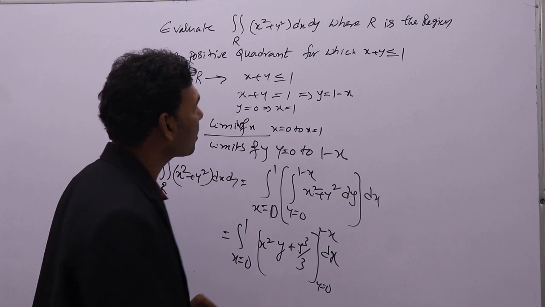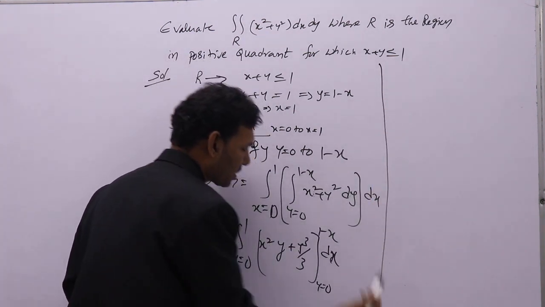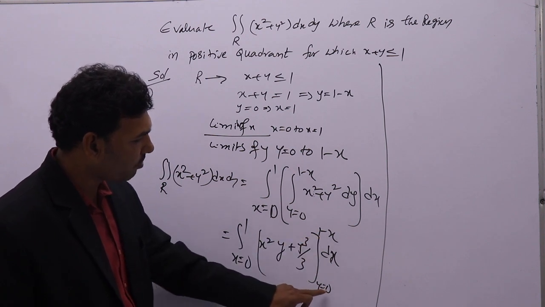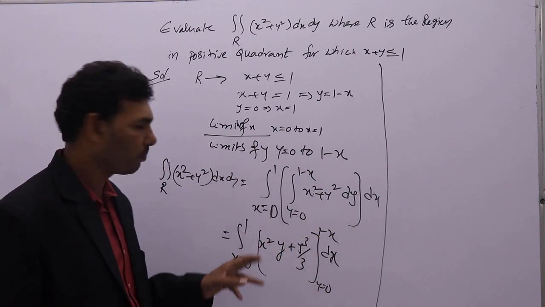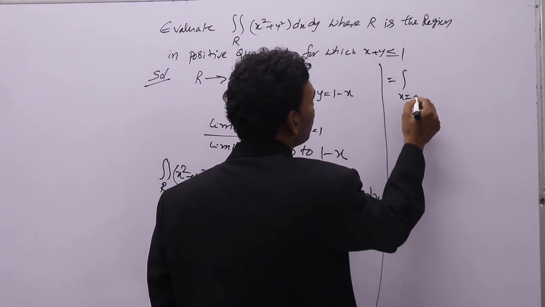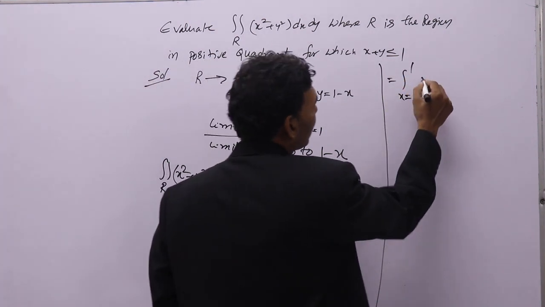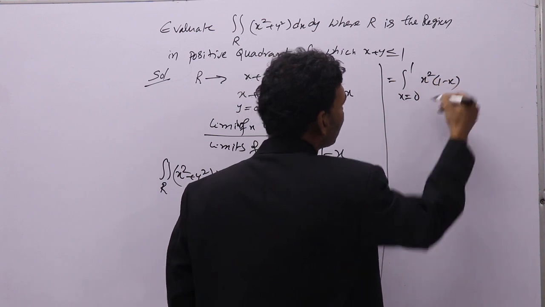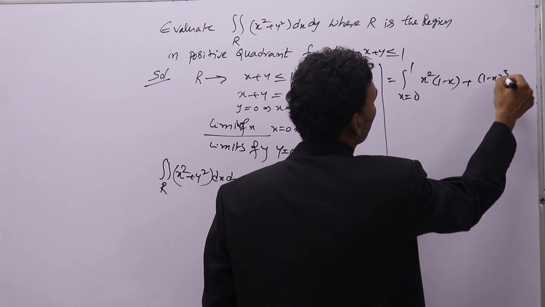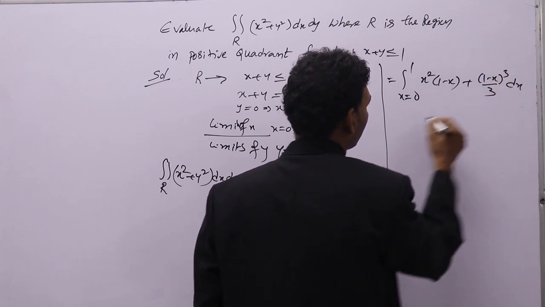Now write in the place of y, upper limit 1 minus x, lower limit 0. If you write 0, that becomes 0. That's why write in the place of y 1 minus x. x equal to 0 to 1, x square into 1 minus x plus 1 minus x whole cube by 3, dx.